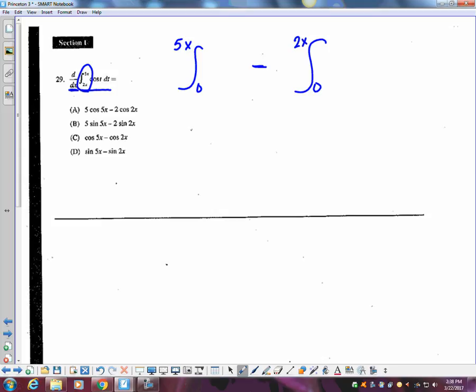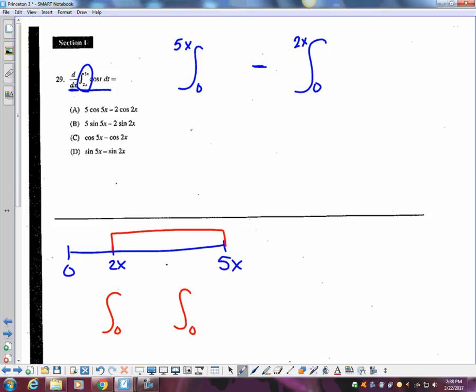Let's see if I can make that clearer. If I want 0 to 5x and here's 2x, if I only want this piece, but I have to use integrals that start at 0, then I'm going to use this whole piece, and I'm going to subtract out this little guy. And it's going to leave me with what I want.